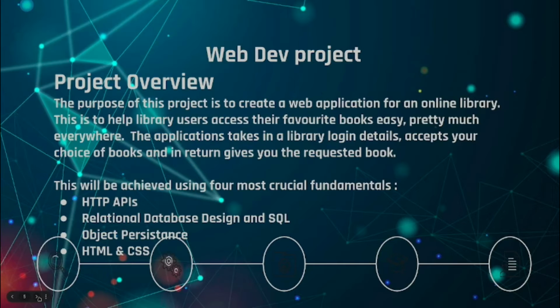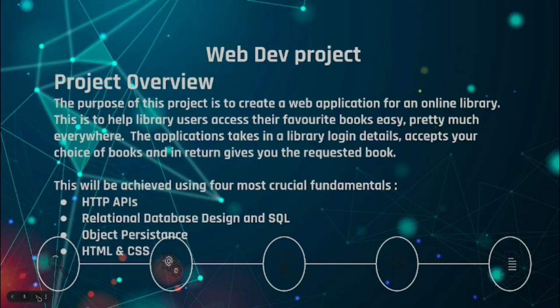And also we'll have object persistence, which helps us use objects that will be able to outlive the application process. They can also be saved to a data store and can be recreated for later usage. And lastly, we've used HTML and CSS for our user view side. With all that, I think I've just covered the project overview.